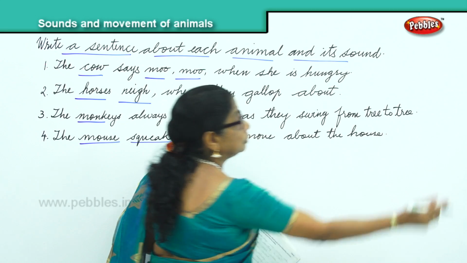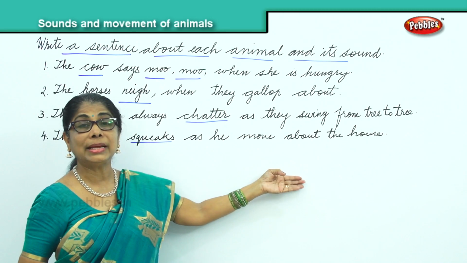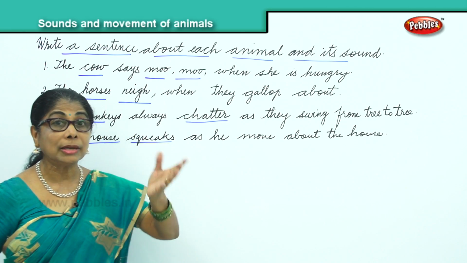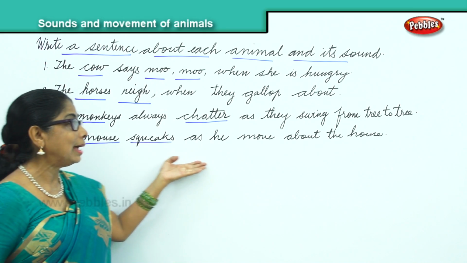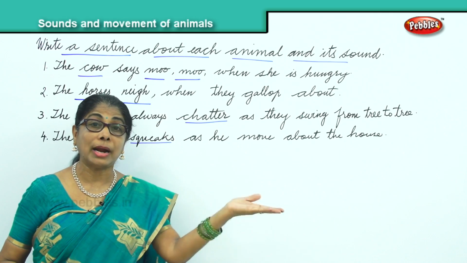In your house, listen to the squeak of the mouse. Somewhere in the house, he is hiding. He moves about the house under something, hiding away. So what does the mouse do? The mouse squeaks as he moves about your house, under your table.